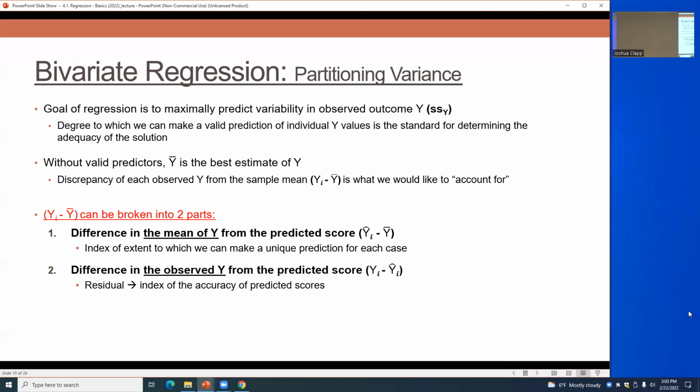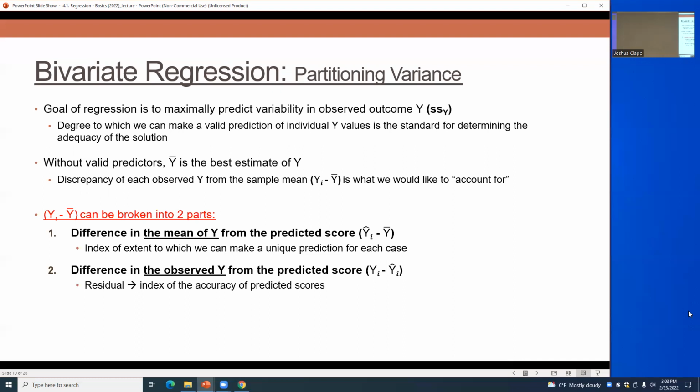But what we can also do, and it's going to be important, is think about the difference in my observed Y from my predicted score. This is my residual. This is what I predicted. How far is my actual score from that predicted value? This is giving me an indication of accuracy. So there are two different components that we're trying to account for.